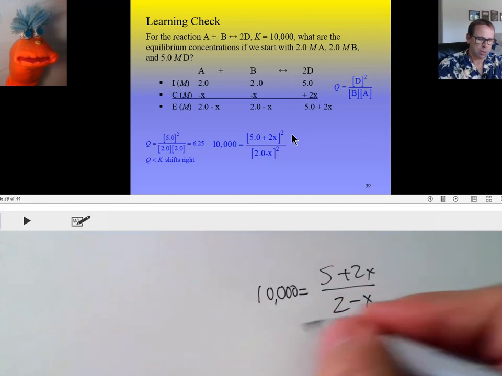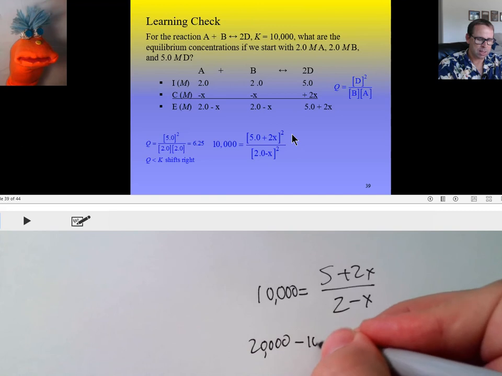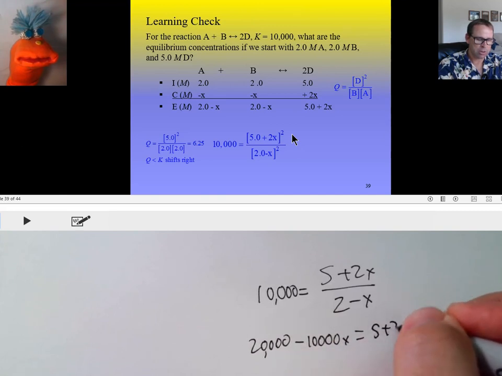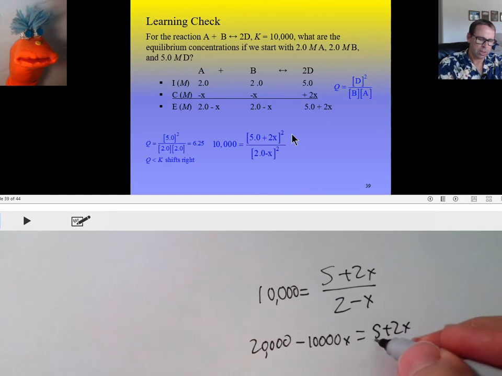right? If we want to solve this, we get 20,000 minus 10,000 x equals 5 plus 2x, right? We gather our x's, gather our 5. We get 20,000 minus 5, 19,995 equals, add 10,000 and 2x.